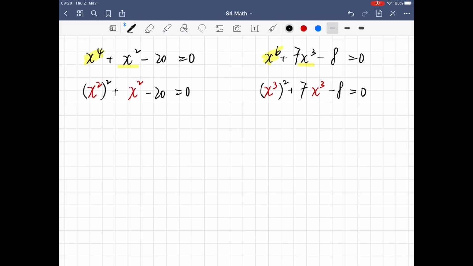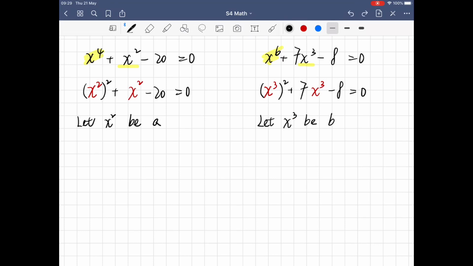In order to make you see it clearly, I will let x squared be a. For the second one, I will let x cubed be b.